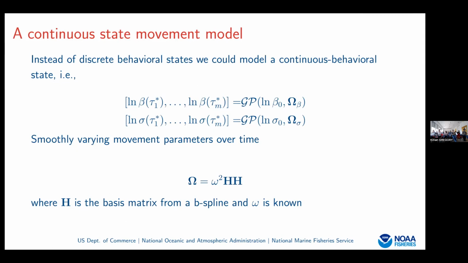A nice way to do that is to set it up as a basis function. Essentially think about specifying something in mgcv like s of time. We can fit a smooth time curve for each of those parameters as a B-spline.